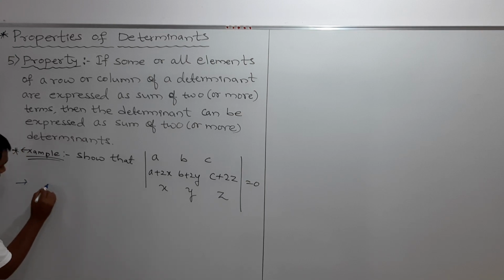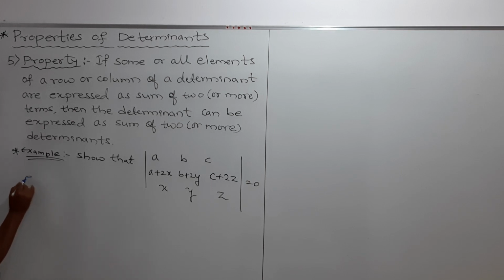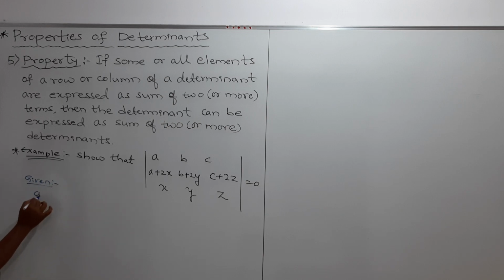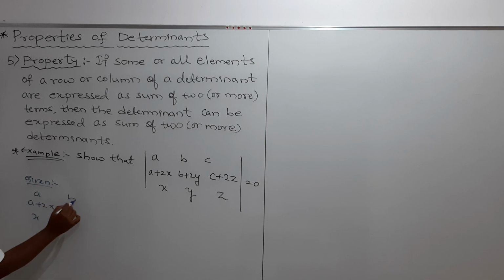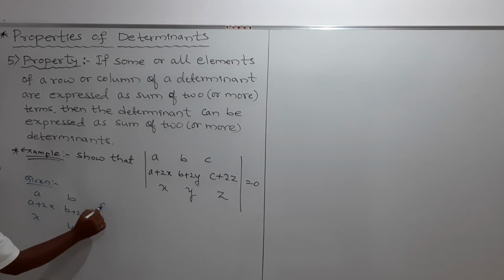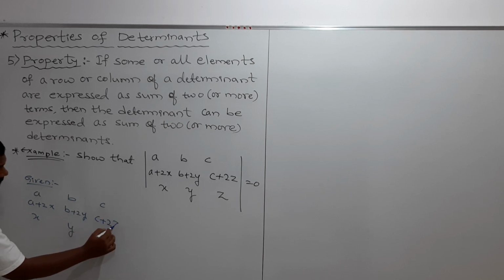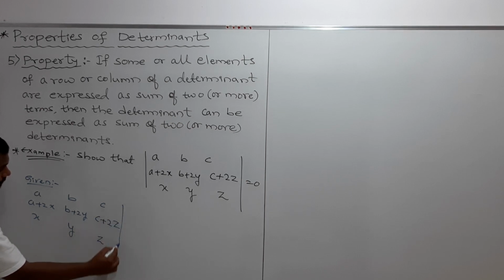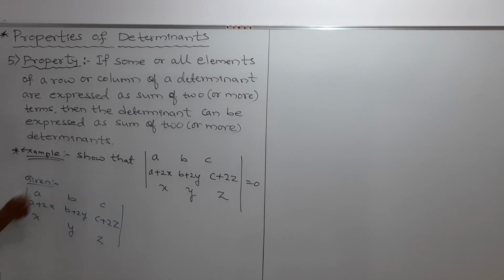I am writing that determinant here. Due to lack of space, I will write it here: a, b, c; a plus 2x, x; b plus 2y, y; c plus 2z, z. So this is the determinant given to you.